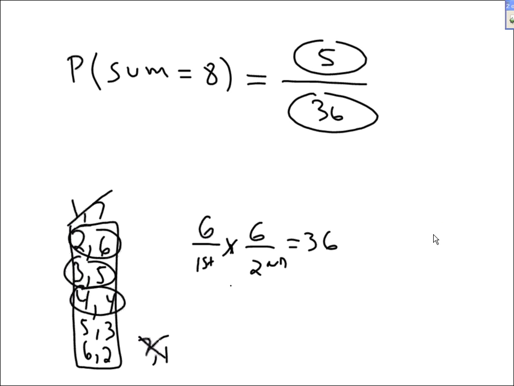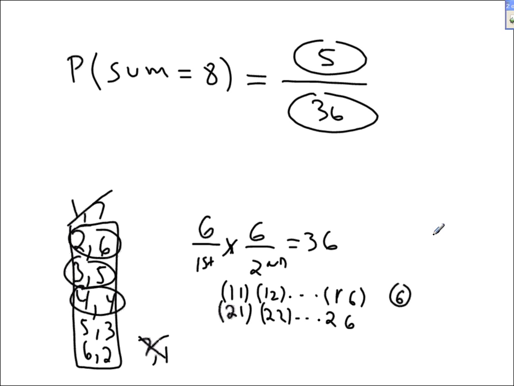Now you can list them: 1, 1, 1, 2, all the way up to 1, 6. That's where 1 is first. There are 6 of them. You can have 2 first, and then a 1, 2, and then a 2, all the way up to 2, and then a 6. That's another 6.